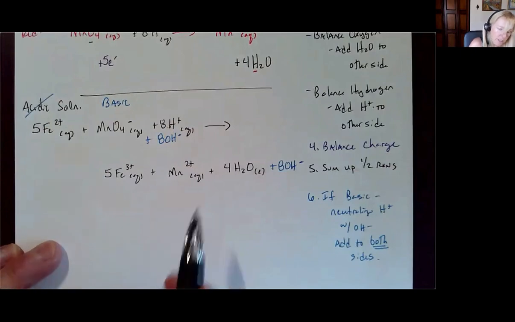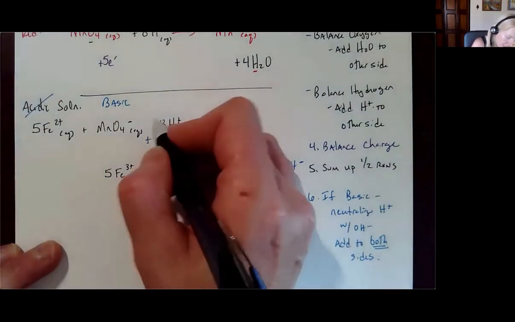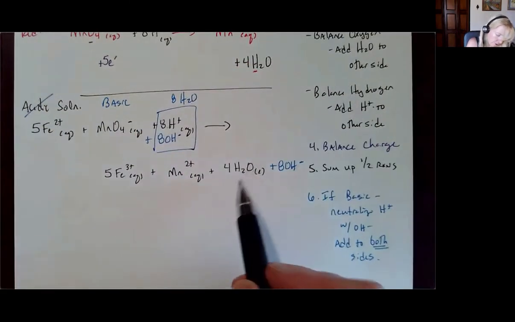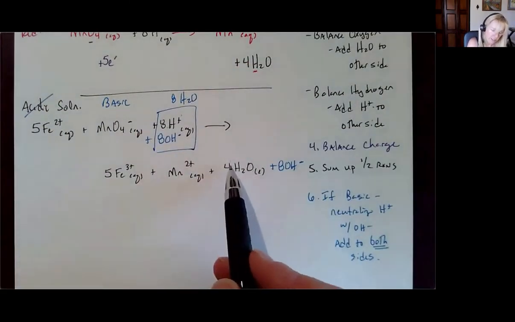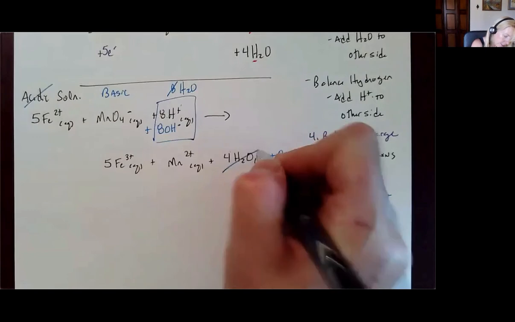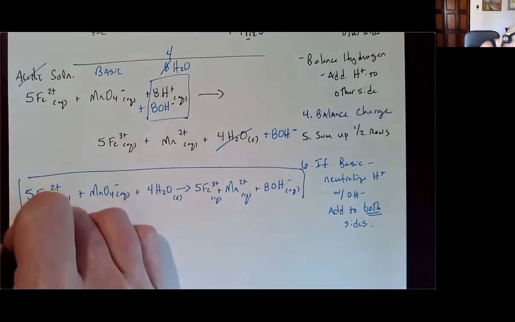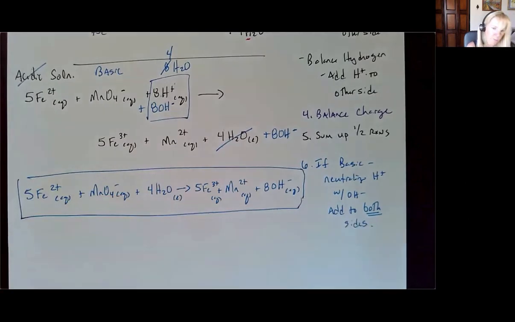So I can't just add them to one side. That makes this going to form 8 waters. And since I have 4 waters here, 4 of those waters are going to cancel out. This whole thing is going to go away, and I'll have 4 waters. And this would be my balanced redox reaction in a basic environment.